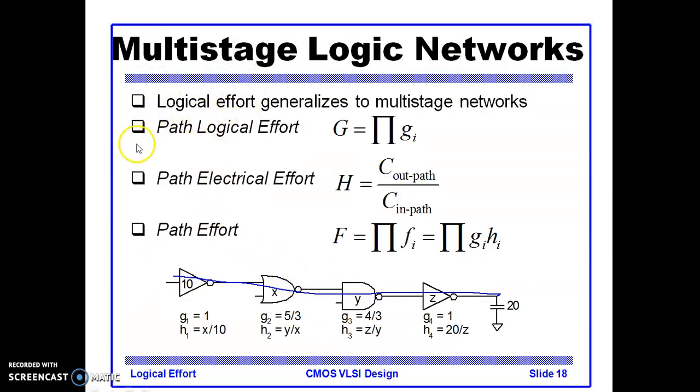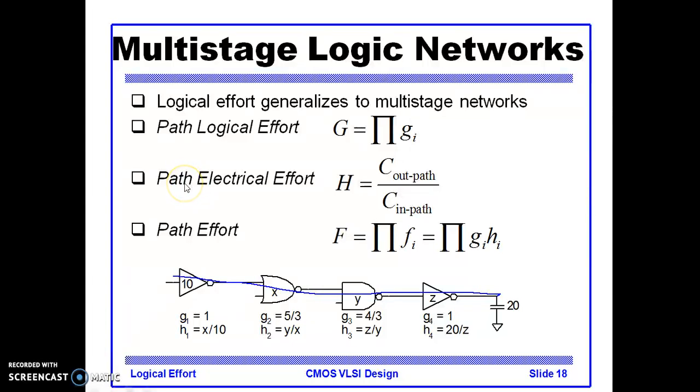Likewise we can estimate the delay of a multi-stage logic network. Since we have a number of gates connected, it's not only a single gate. When it is a multi-stage logic network, we go for the path logical effort, path electrical effort, and path effort. The logical effort of the path is given by capital G, which is the product of the G's of the gates in that path.